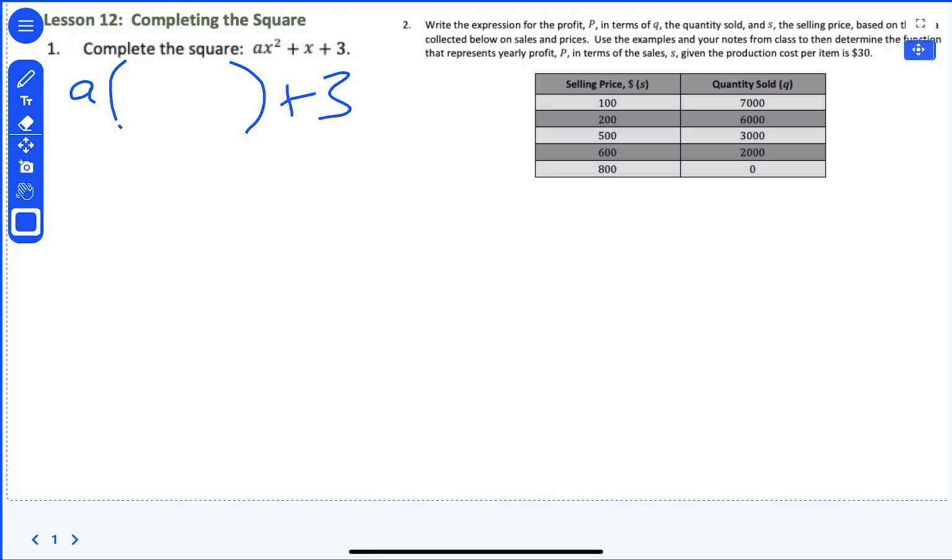Now, if we factor out an a from ax squared, what's left? x squared plus, how do we factor out an a from x? How can we do that?